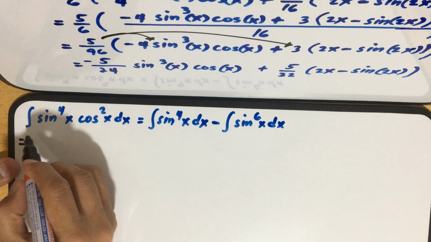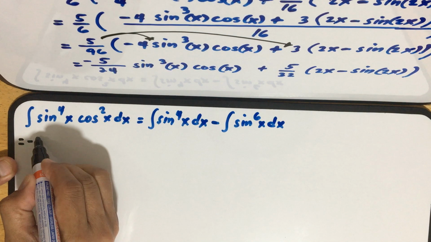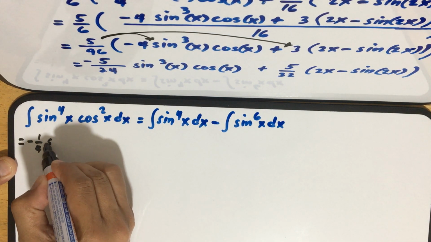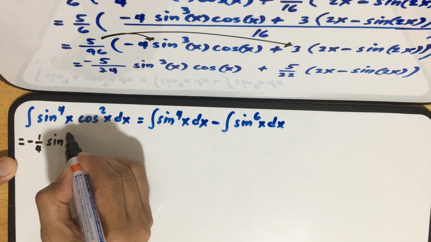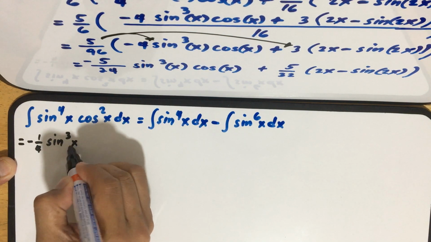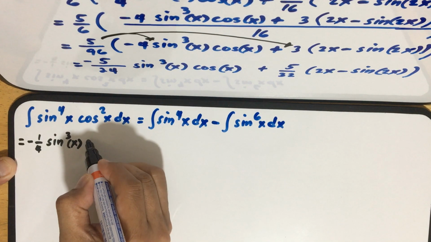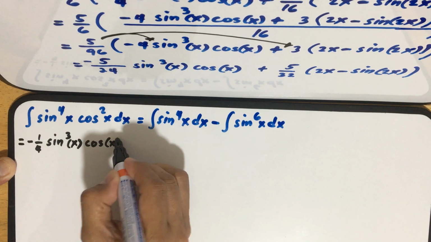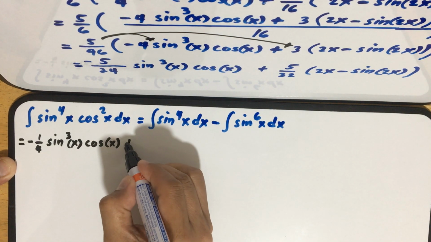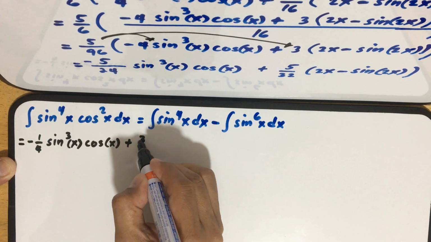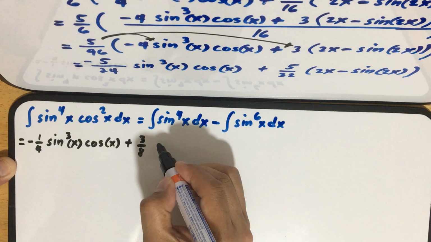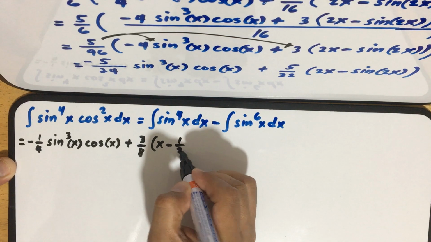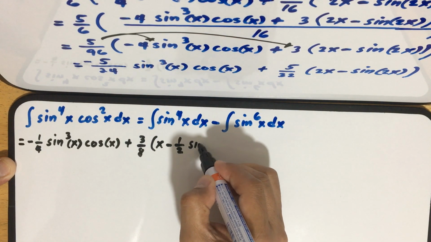So substituting, we have minus 1/4 sine cube x times cosine x, then plus 3/8 times x minus 1/2 sine 2x.